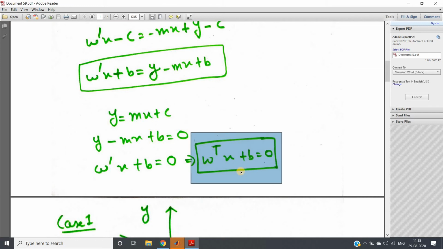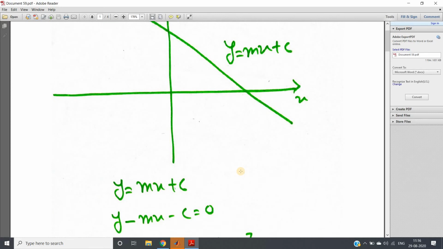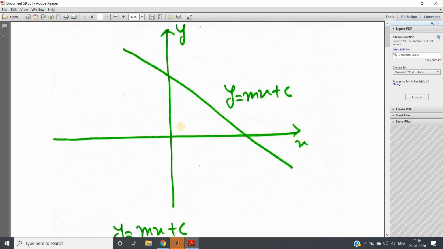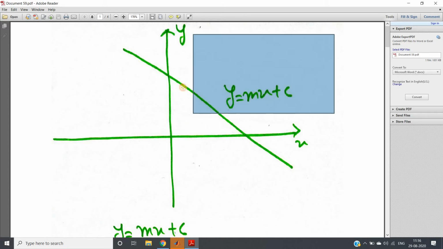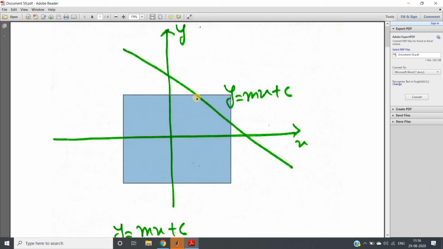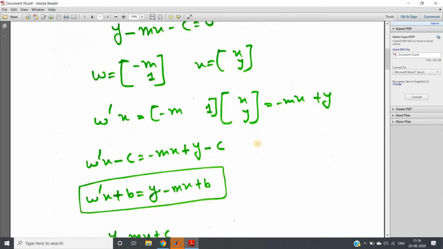Now let us try to understand how the equation will change sign, or what value it will take, if we take some point above this particular line, below this particular line, and some point on the line. Let us consider the simplest case first, where the point is placed on this line.